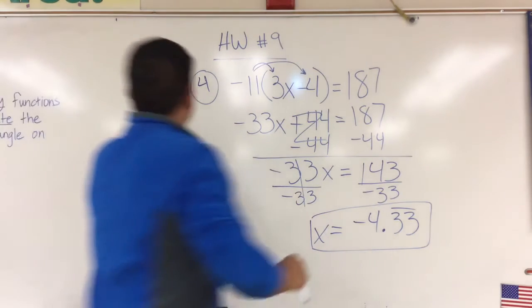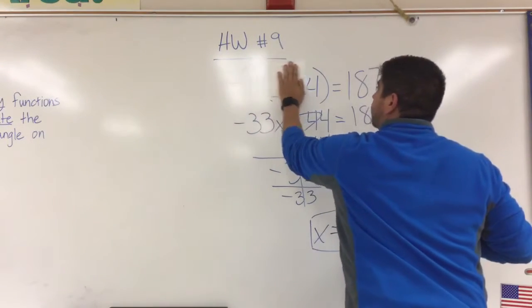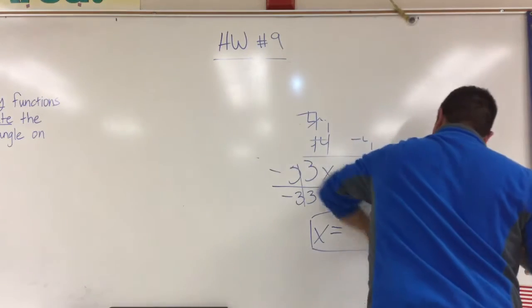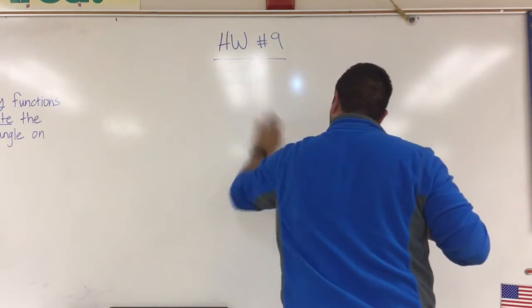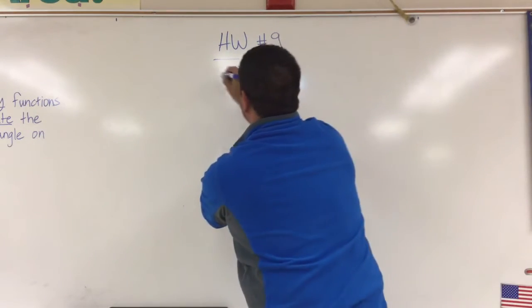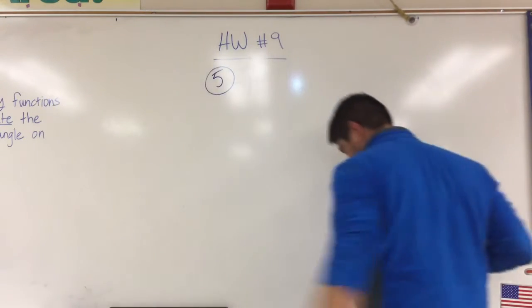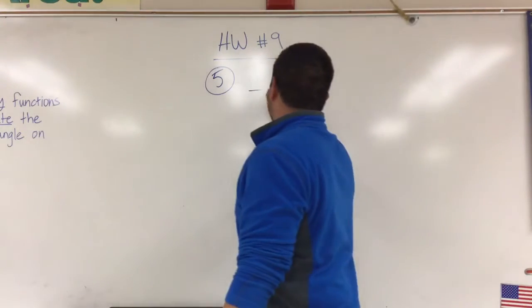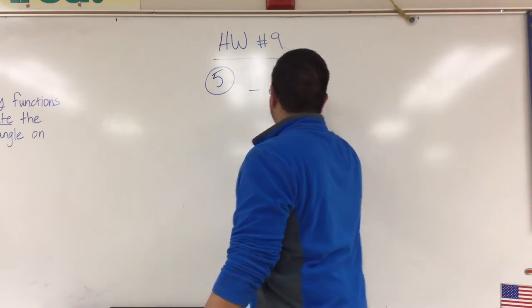Okay, that was number 4. Okay, number 5. Number 5 is to classify negative the square root of 13.